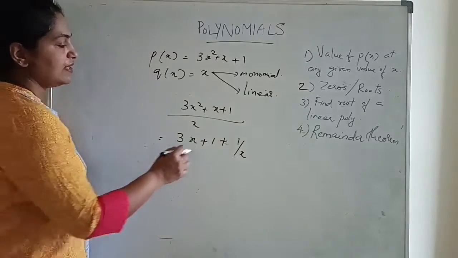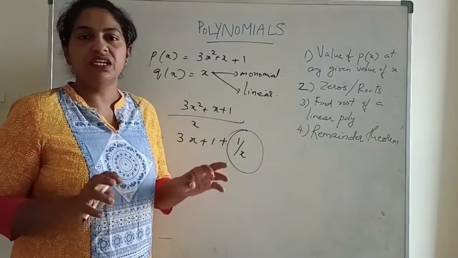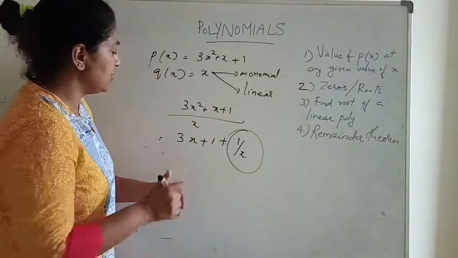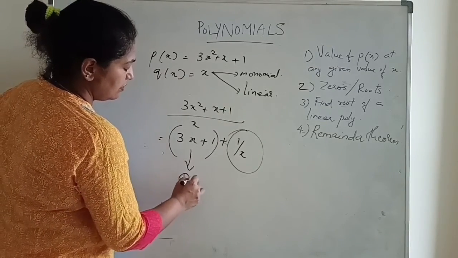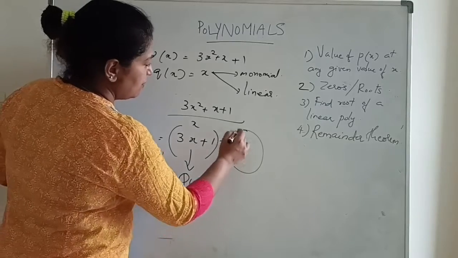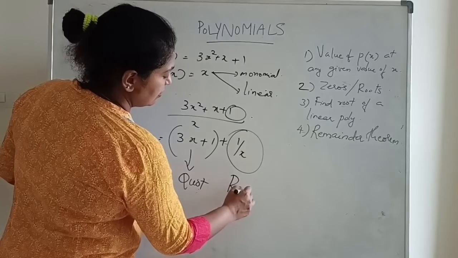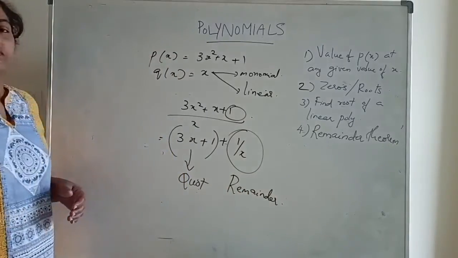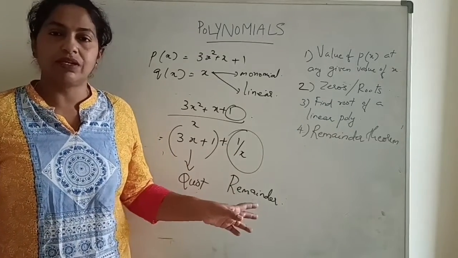I can see that this 1 by x is not a proper division. It does not come out as a polynomial. So I will get 3x plus 1 as my quotient, and this particular 1 standing over here will be my remainder. The part of the polynomial that is not divisible by the monomial is my remainder.